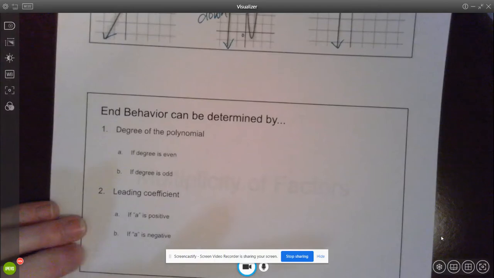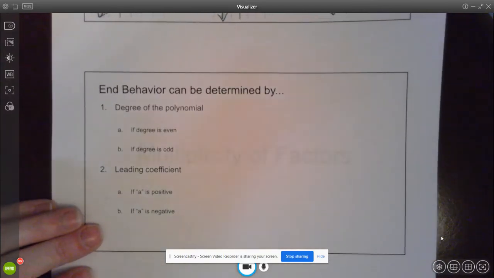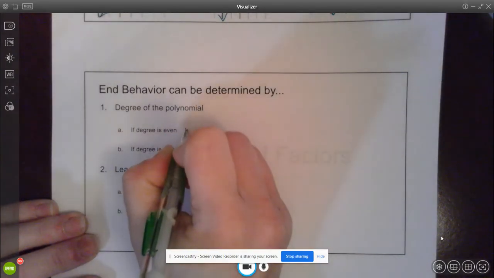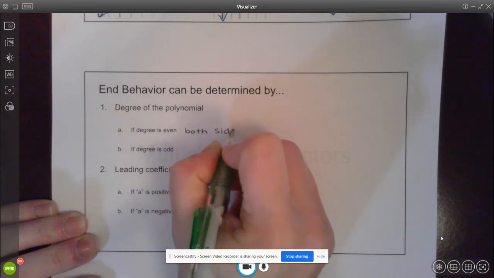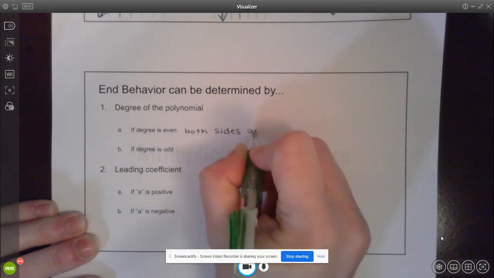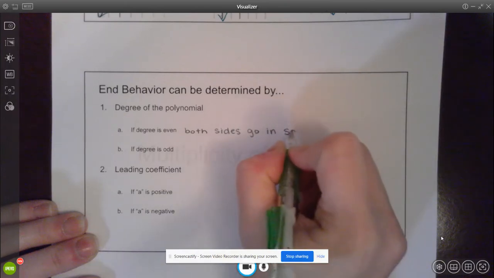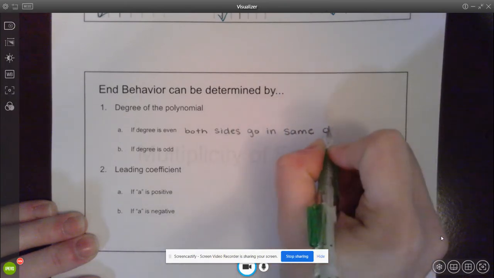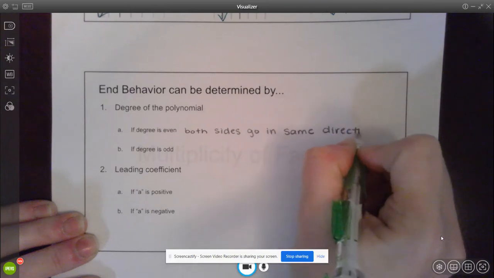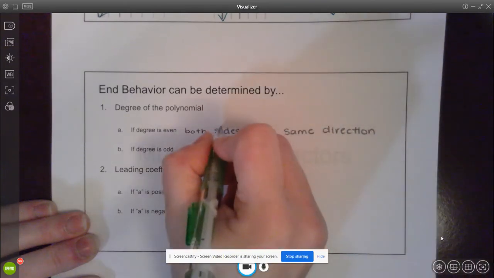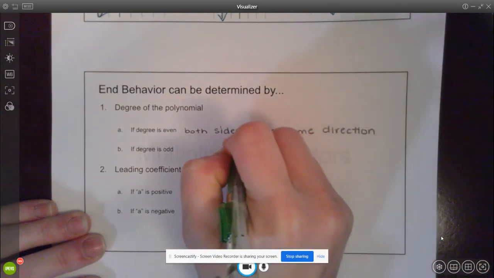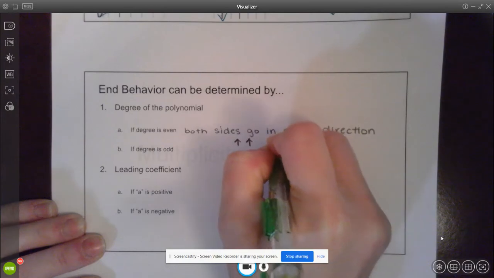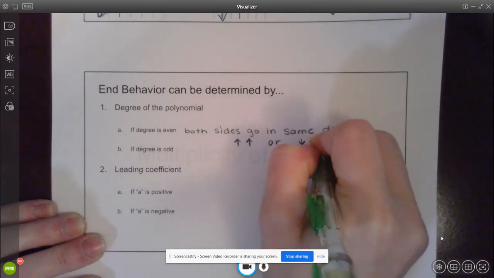So if the degree is even, we will see both sides go in the same direction. So we'll either have up, up, or down, down.